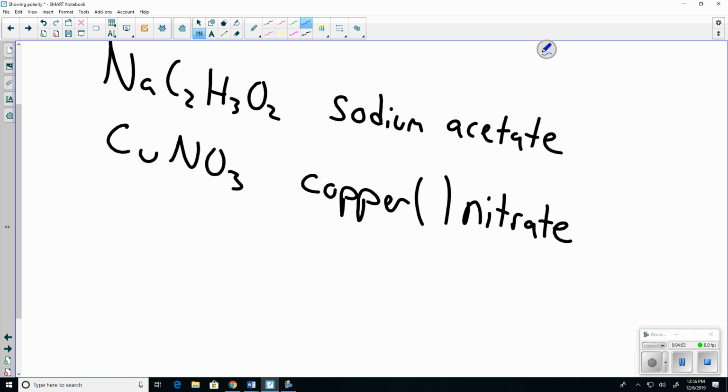What is nitrate's charge? It's on top of the column. -1. And if there's 1 nitrate, what must the copper be to balance that out? 1. Copper(I) nitrate.